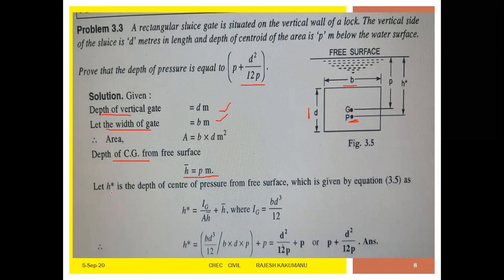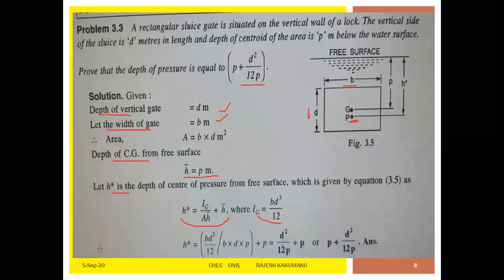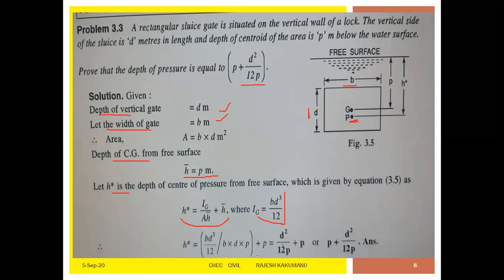Now H star is the depth of the center of pressure, which is given by the equation. We apply this same equation here, where Ig is equal to b d cube by 12, from the table we already know. Now H star is equal to Ig by A into H bar, plus H bar. Substituting, A is b into d, and H bar is equal to p.